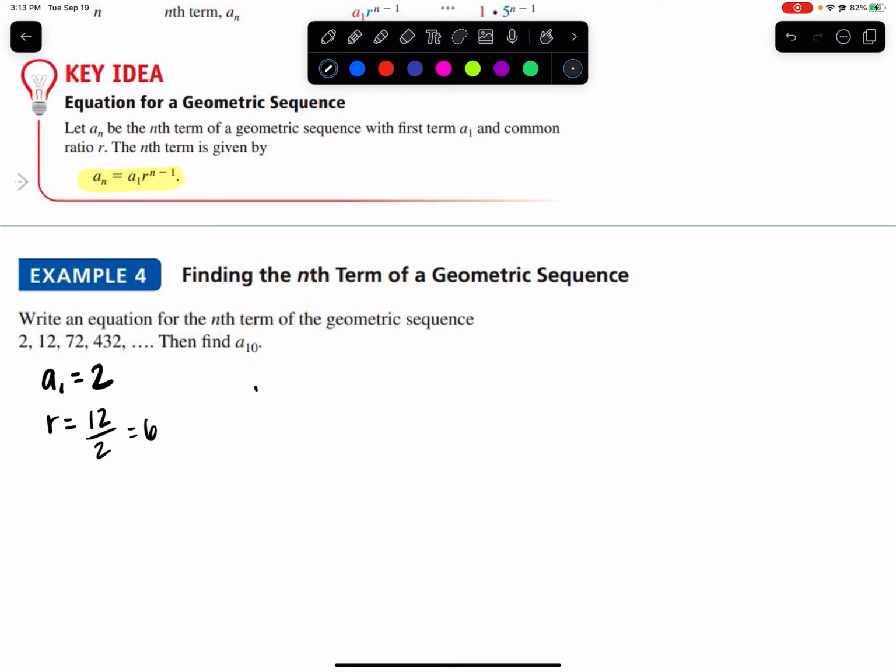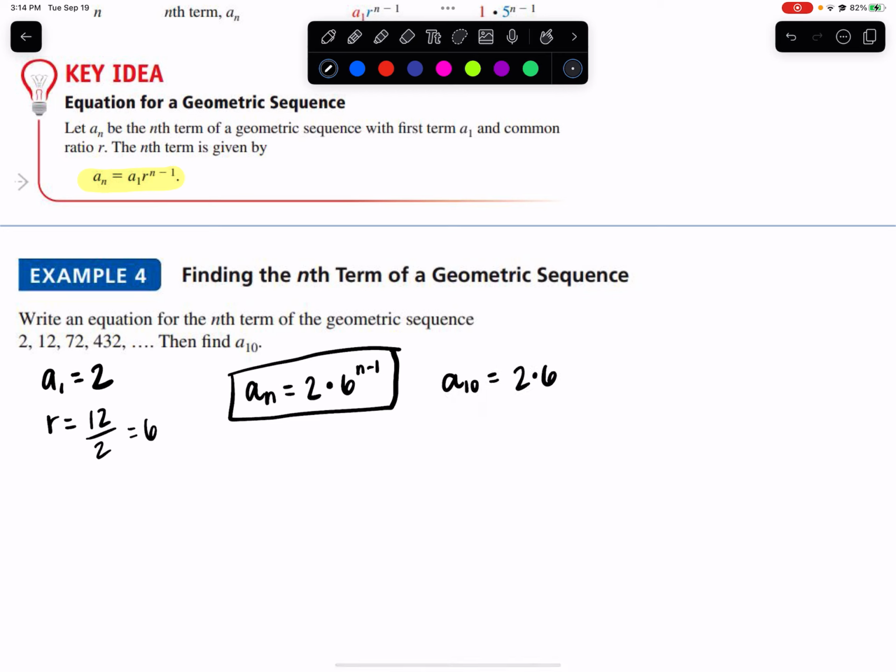All right, so using my formula, a sub n equals, replace a sub 1 with 2, replace r with 6, and keep n minus 1. That is my formula. And then find a sub 10, so we're plugging in 10 for n, so 2 times 6 to the 10 minus 1 power. Simplify that exponent, so 10 minus 1 becomes 9. You're going to find 6 to the 9th power first.